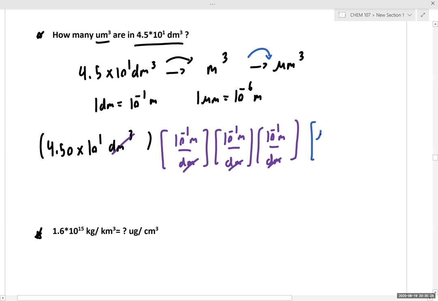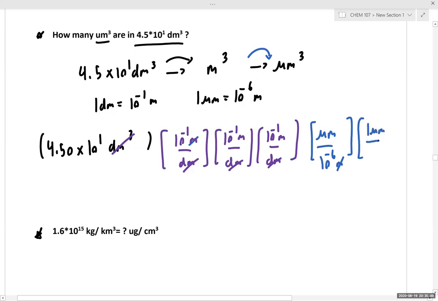We need micrometer on top. So in 1 micrometer, we have 10 to the negative 6 meter. So we've canceled one of our meters, but are we done? Have we canceled everything? No. So we need to continue.